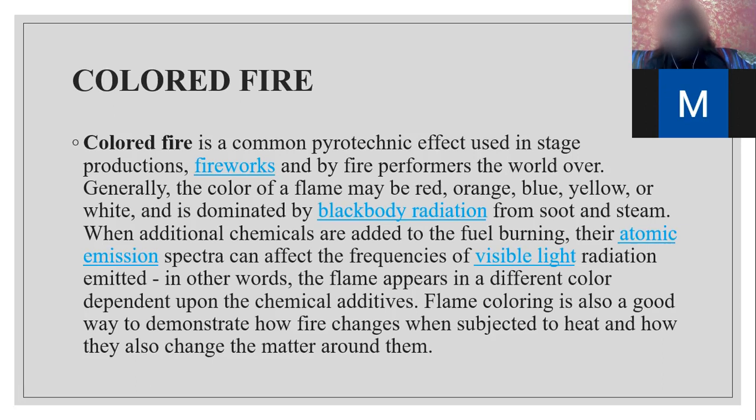When additional chemicals are added to the burning fuel, their atomic emission spectra can affect the frequencies of visible light emitted. In other words, the flame appears in a different color depending upon the different chemical additives. Flame coloring is also a good way to demonstrate how fire changes when subject to heat and how it changes the matter around it.